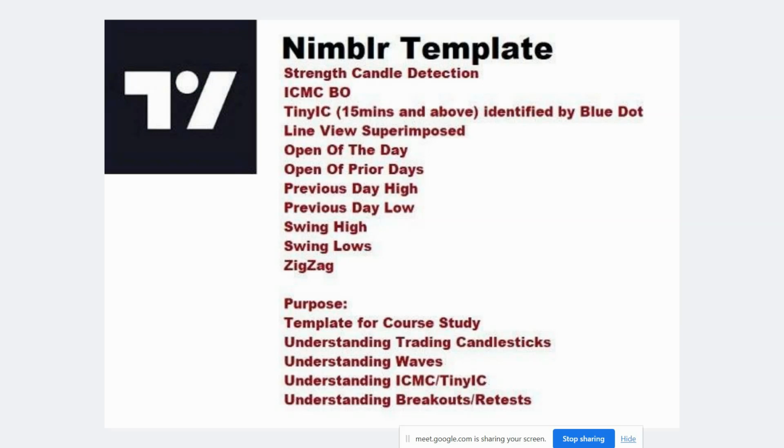Apart from this, it gives you the open of the day. These are marked in dark orange, and the open of prior days is also mentioned. When we look into the chart, it will become very easy for us to understand and interpret how the instrument we are watching works and how we can take actions with it.